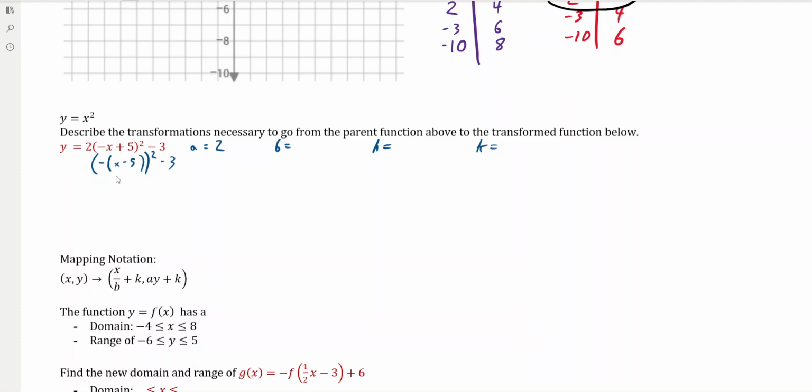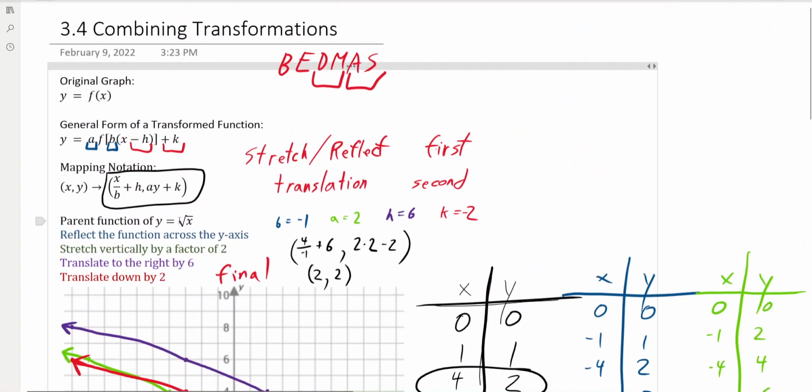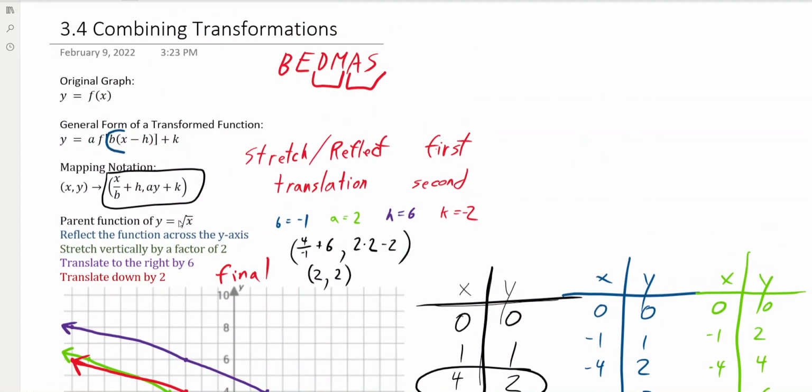So the whole function changes a little bit by taking this negative outside of the brackets, because if you remember, by looking at our original general form, the b is outside of the brackets. Still in the function, replacing x, but it's outside the brackets here.